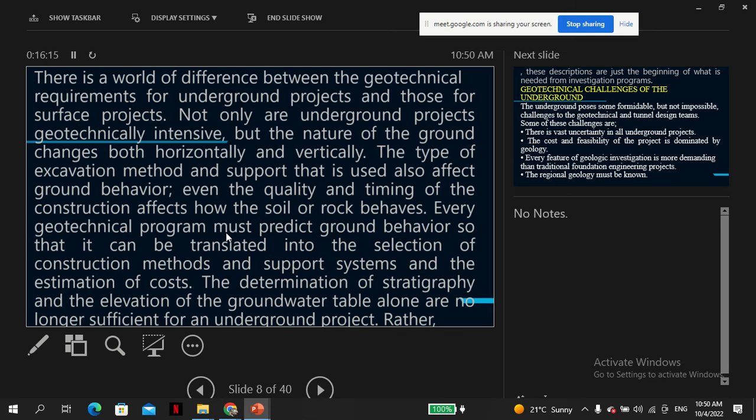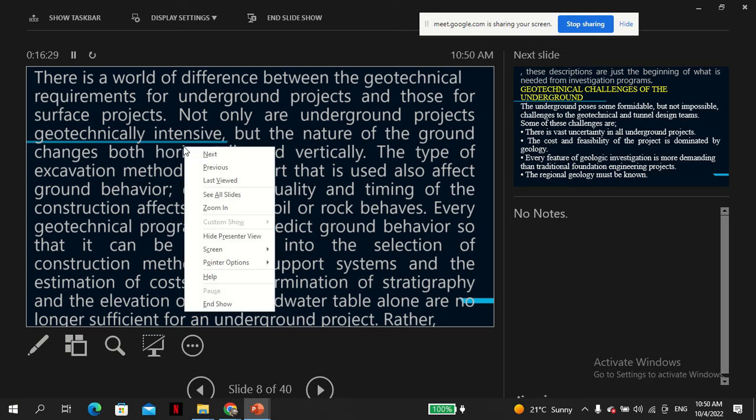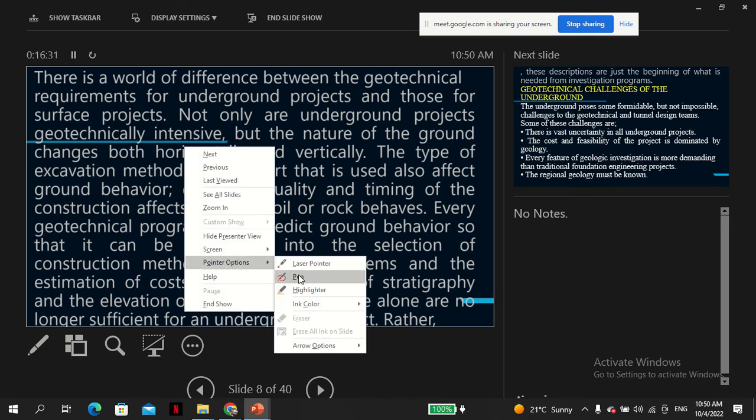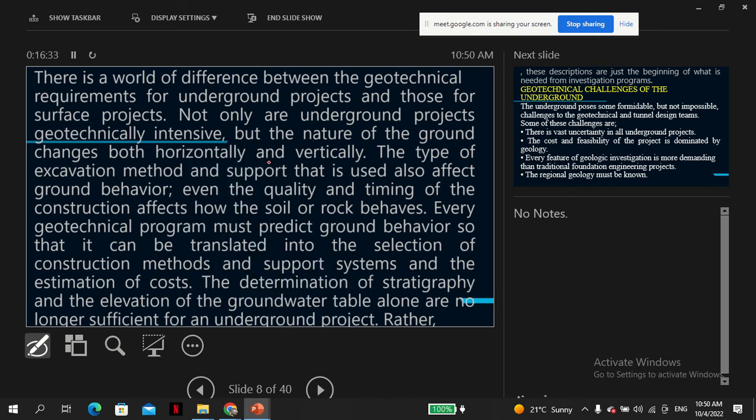So not only are underground projects geotechnically intensive, but the nature of the ground changes both horizontally and vertically. I think that's the point. In fact, if this is your ground, as you go down, there is some variation.